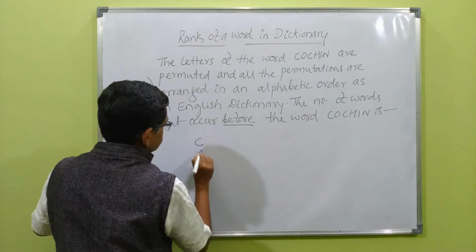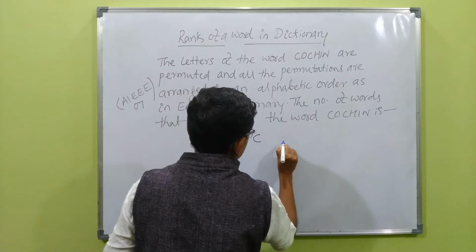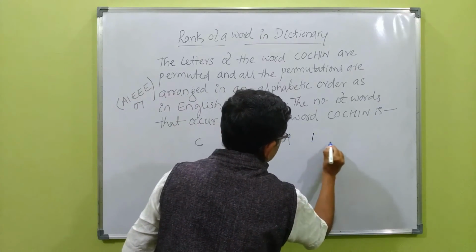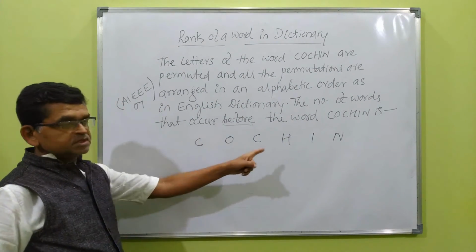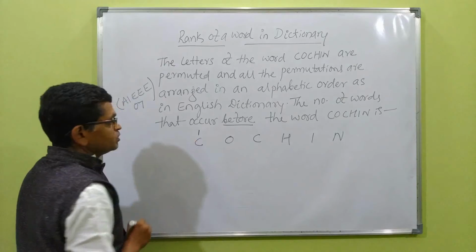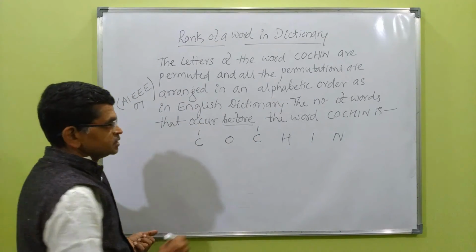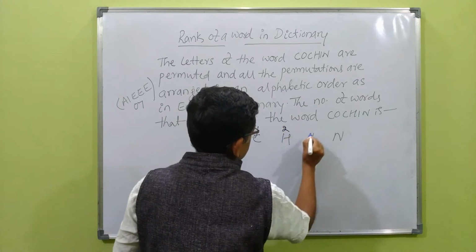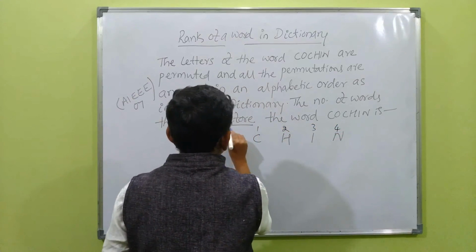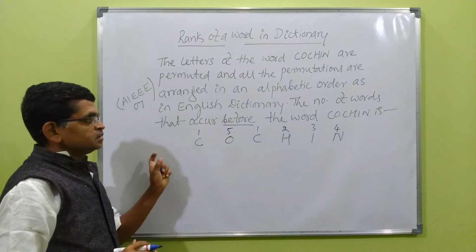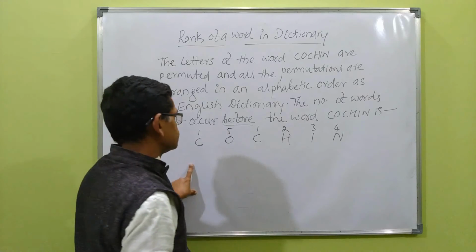You have to write the letters of the word separately. Among this, C occurs first. After C, H, then I, and so on. You have to assign the ranks among the given letters according to the English alphabet.